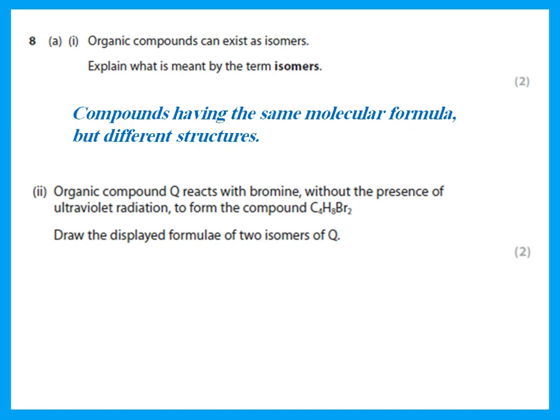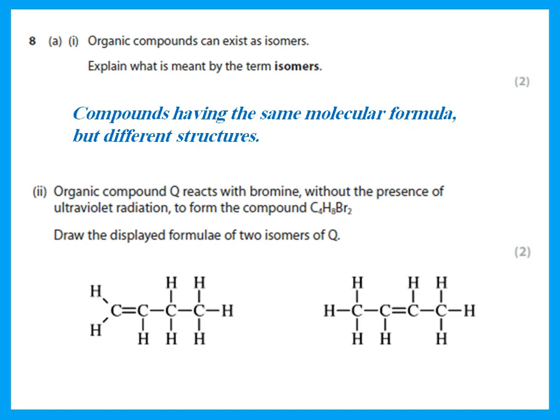So I can draw two isomers. What are the two isomers of butene? Butene can have the double bond after the first carbon or the double bond after the second carbon. I'm reminding you again that each carbon cannot have more than 4 bonds. So do not add any extra bonds with extra hydrogens if the carbon already has a total of 4 bonds.